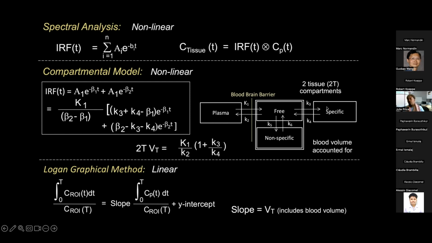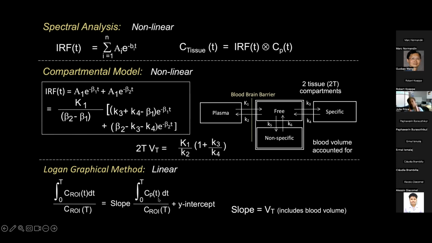And then K3 and K4 refer to the rate of binding of the radiotracer to the protein and dissociation. And this volume of distribution is a macro parameter described in terms of K1 and K2, and the K5 and K6 are wrapped into this K2.